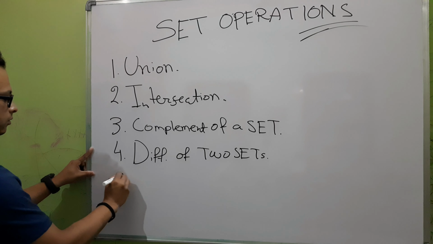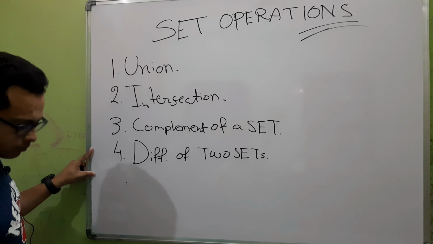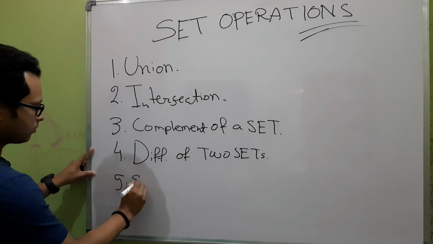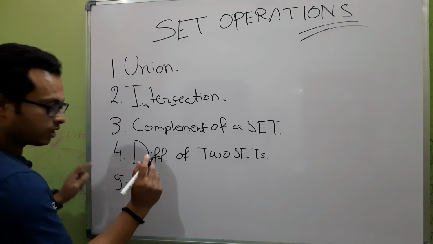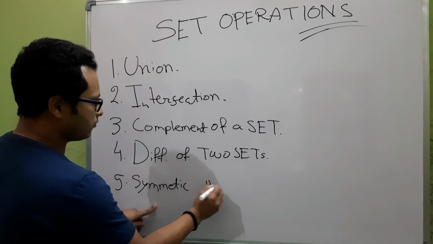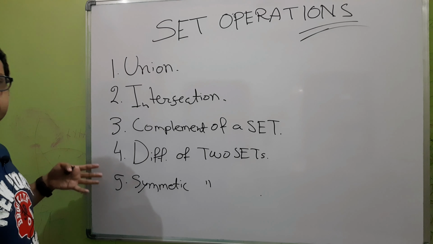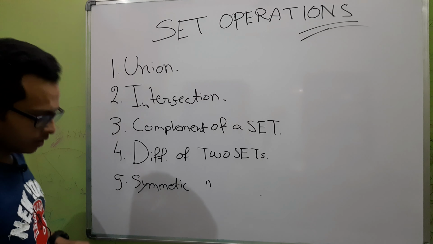Fifth, symmetric difference of two sets. These are the 5 different types of set operations. Let's start with union.